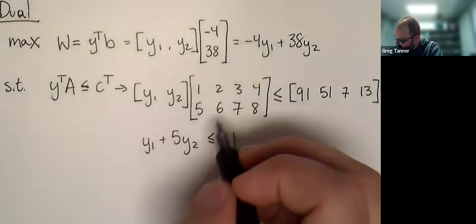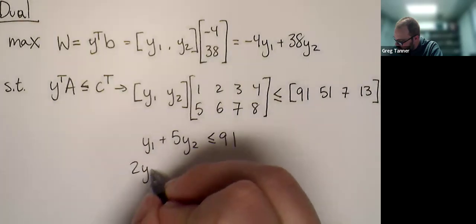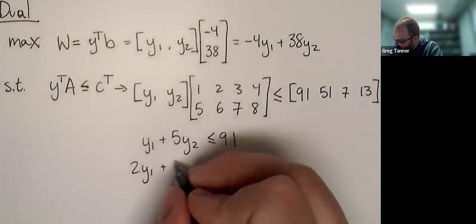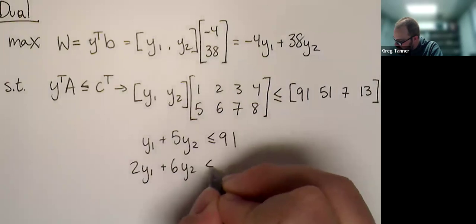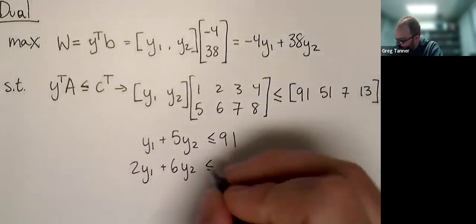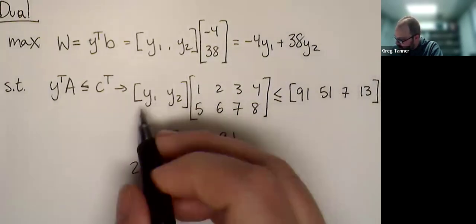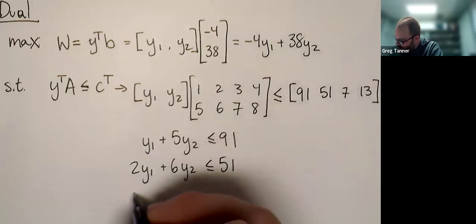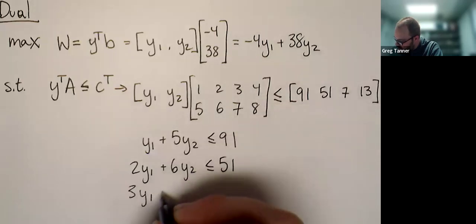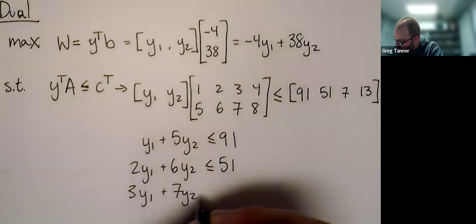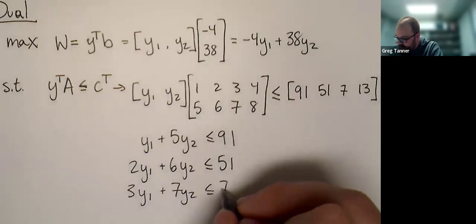Then we'll take this times this, and so 2y1 plus 6y2 is less than or equal to the second entry here of 51. And then we take it times the third column, and so we get 3y1 plus 7y2 is less than or equal to 7.